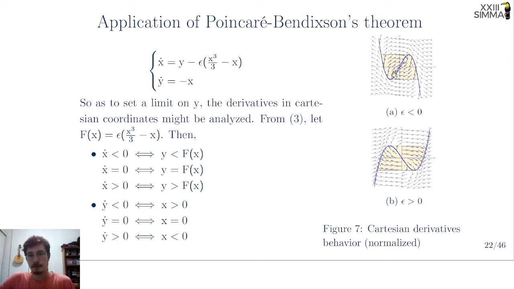And for y equal to f of x, x is constant. Whereas if a point has positive x, the y coordinate decreases. If x is negative, y increases. And for x equal to 0, y is constant.